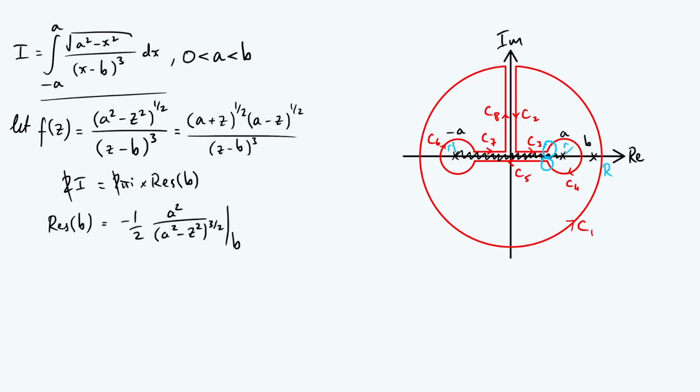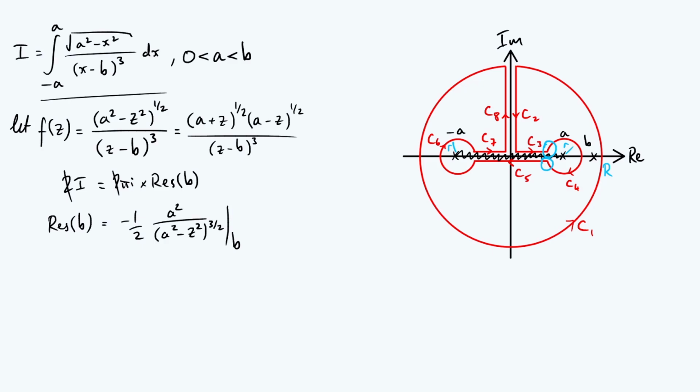So we know that I is pi i multiplied by all of this stuff, but there's one more potentially unexpected complication that we have to think about, which is what is the sign of a squared minus z squared to the 3 over 2 in the region of the complex plane where z equals b. Again, because it's a fractional power, we have issues with multi-valuedness, and we have to choose the branch in a way that's consistent with the sign choices that we made earlier.